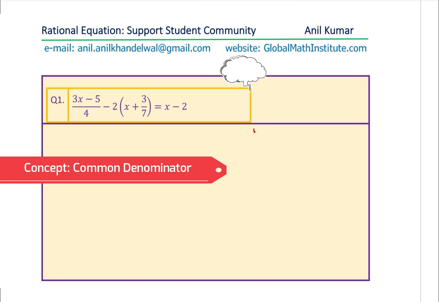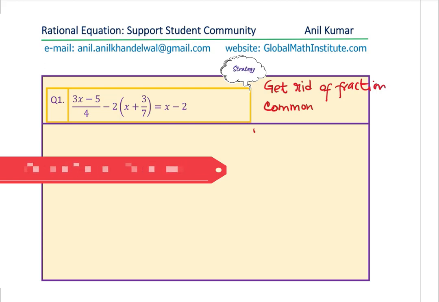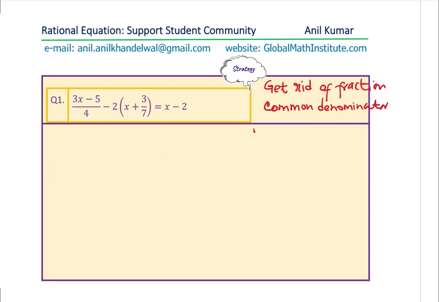I say the policy is to get rid of fractions. And that we can do by taking a common denominator, correct? And for that, we may use the lowest common multiple.